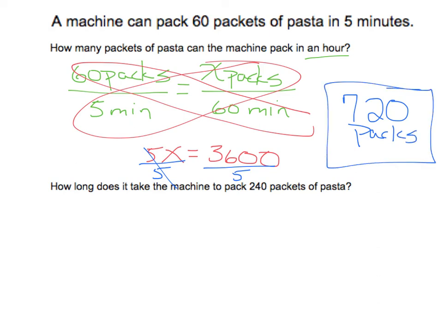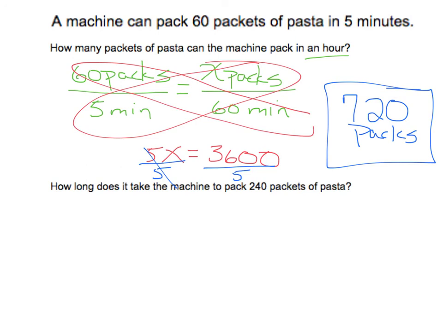So that's with the proportion. If you didn't do that, you could do 60 divided by 5 to figure out that the unit rate is 12 packets in 1 minute, and then do 12 times 60 to get your 720. Two different options. Don't care what you do as long as you show your work.